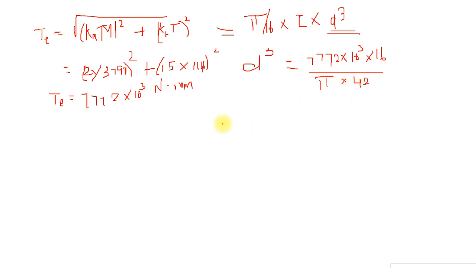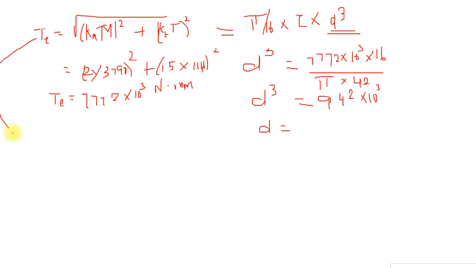If I simplify it using the calculator, the d cube value would be around 942 into 10 to the power 3. Now you can calculate what the d value is and tell me.